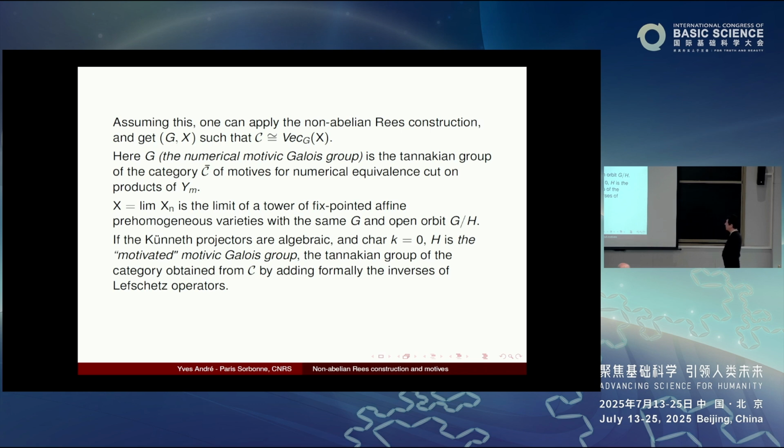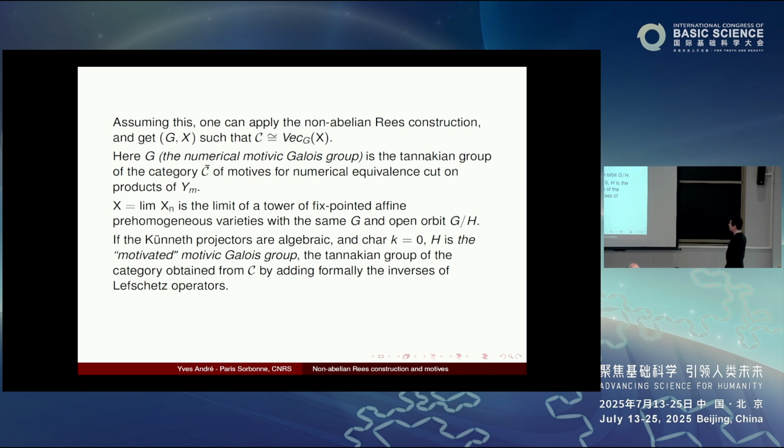Assume this for the moment, and let's try to apply the non-abelian Rees construction so that we get G and X such that the category of motives is equivalent to a category of G-equivariant vector bundles on X. So G is what can be called the numerical motivic Galois group.